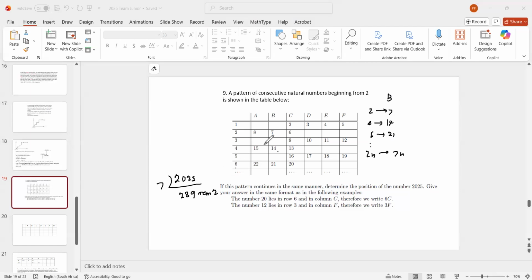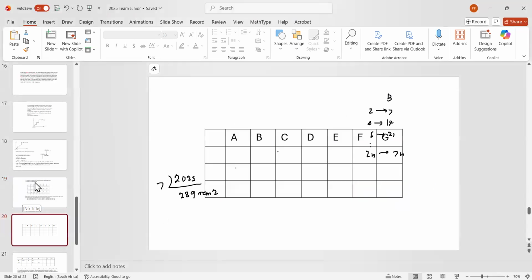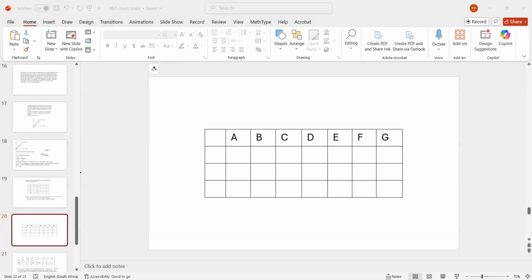Let's just hold on with that. I want to exploit this, that in column B at row 2n, I've got 7n. So I'm going to look at the next slide here. So what have I got?